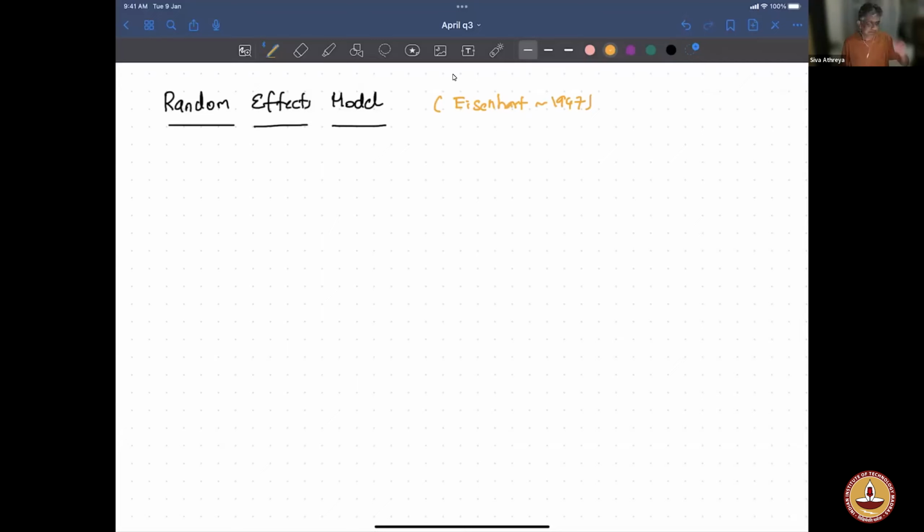They were the first to explicitly define fixed effects versus random effects, and to interpret this fixed versus random effects model in ANOVA. Today, many people call Eisenhardt's second model the random effects model.